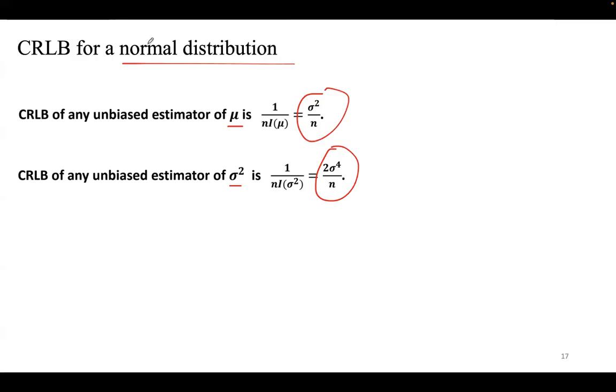The derivation is a little lengthy because a lot of calculations are involved, so I will not get to it, and I will not recommend you go through it unless you're interested. Instead, I would recommend that you remember this and directly use these values: the CRLB of mu and the CRLB of sigma square are these values respectively.